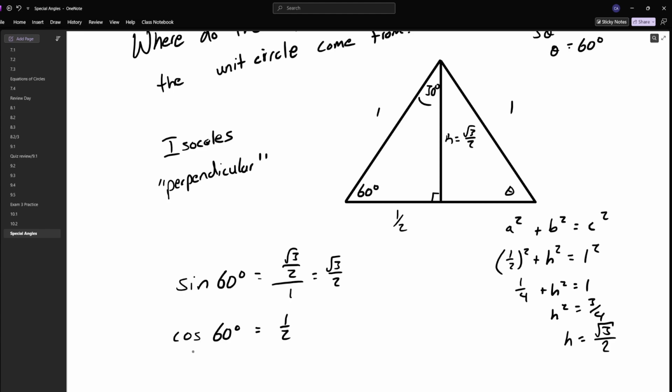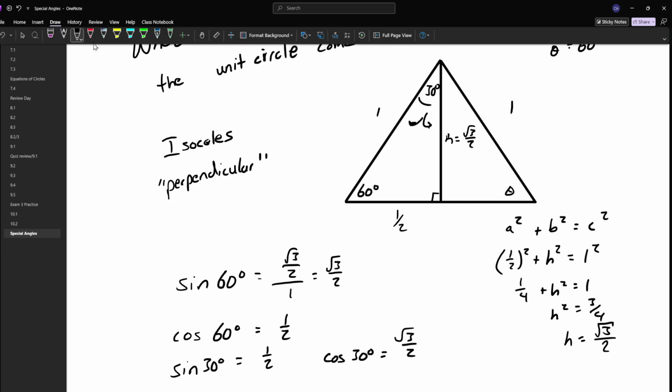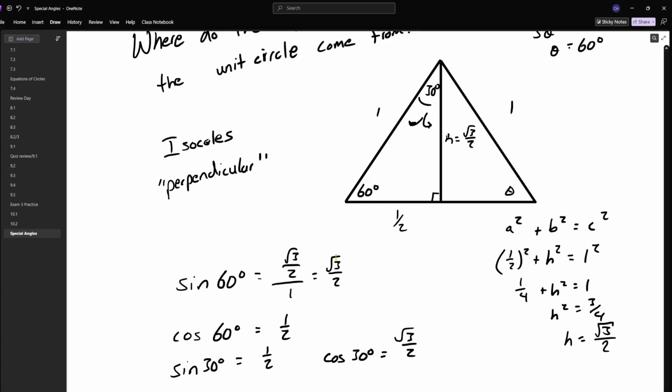The sine of 30 degrees would be opposite over hypotenuse, that's your 1/2. And the cosine of 30 degrees would be your adjacent over your hypotenuse, or root 3 over 2. So there are your special angles for 60 and 30.